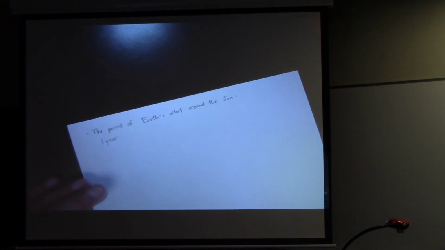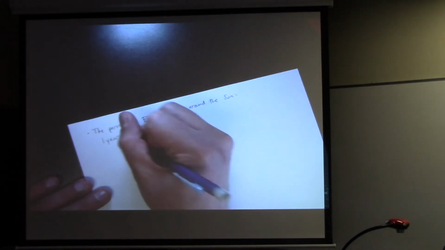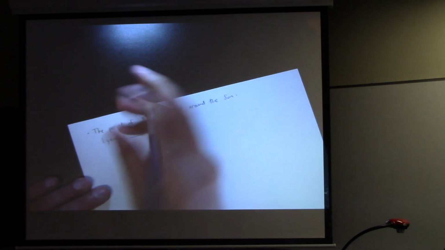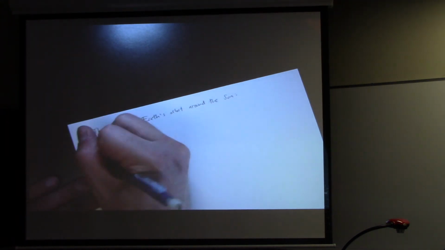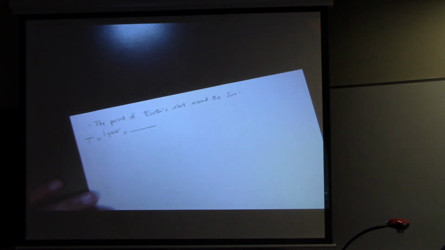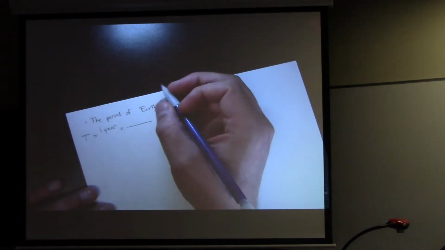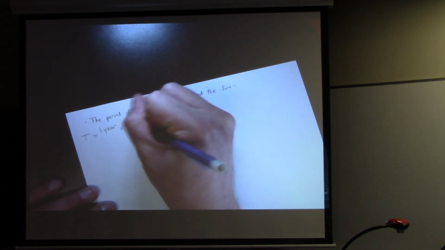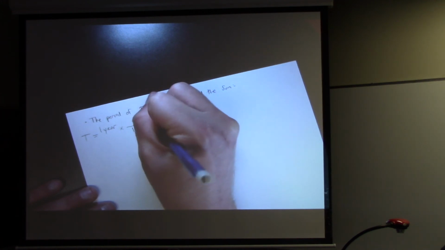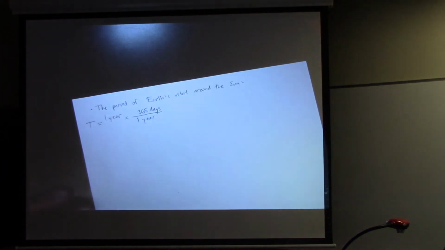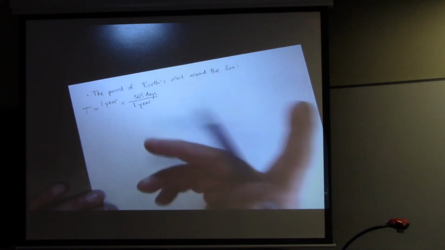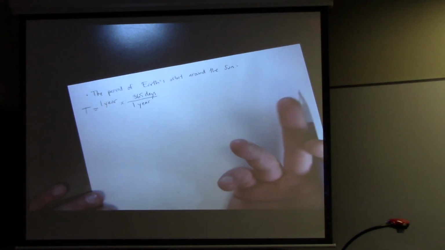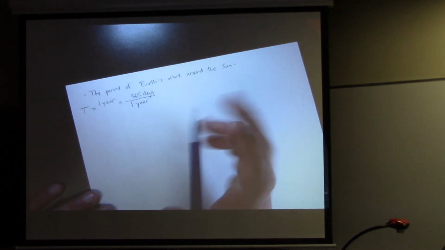The time it takes for the Earth to go around the sun is a year. And what we want to do is take this period, T, and convert it to seconds, just like we did in the previous problem. So I have 1 year, 365 days. So right away, this is not even exactly correct. We're ignoring leap year, but that's a small correction. Let's just ignore it.